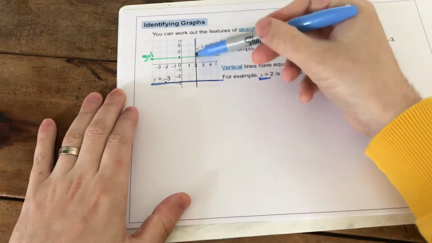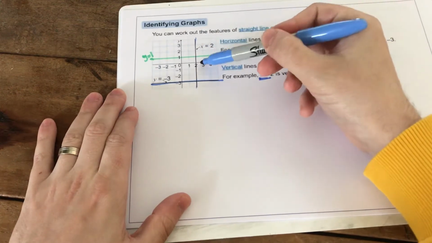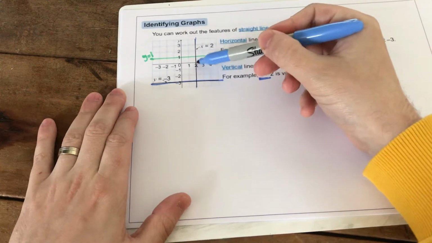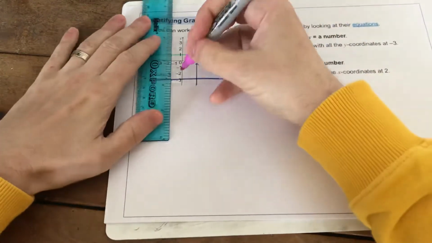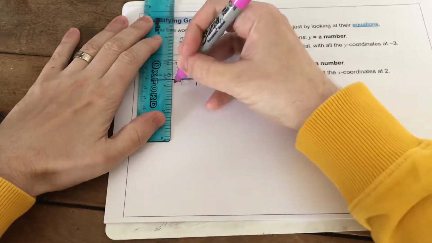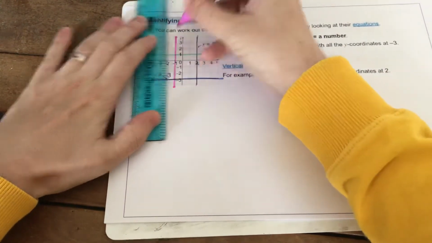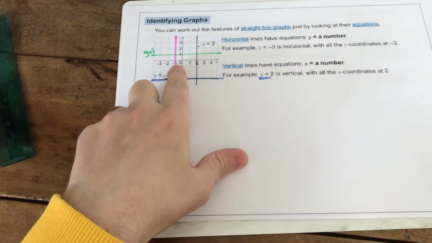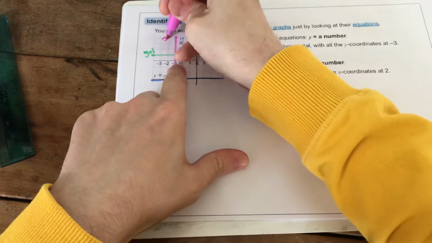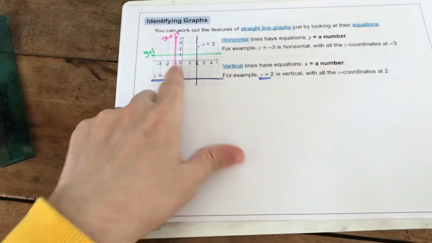This one is x equals 2 because it goes through the 2 on the x-axis. Again, if I was to draw another vertical line on this, the equation of this line, because it goes through minus 1 on the x-axis, would be x equals minus 1.